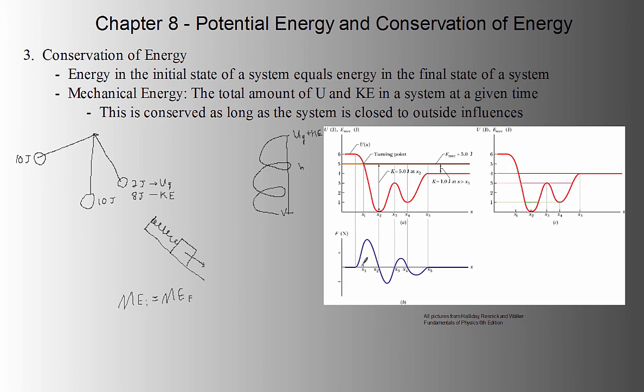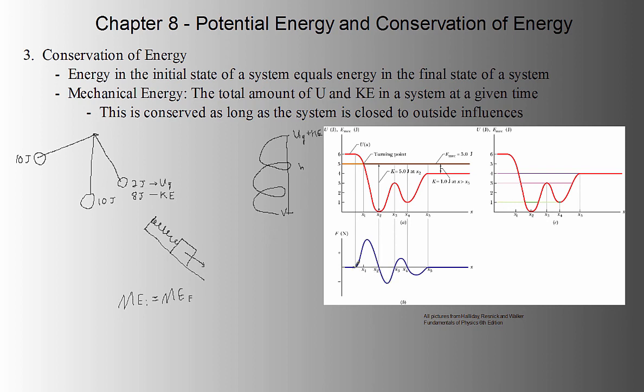So I have no idea what this could be. No idea. But it could exist where if you're at this position you experience a positive force like this, whereas if you're in this position you experience a negative force.